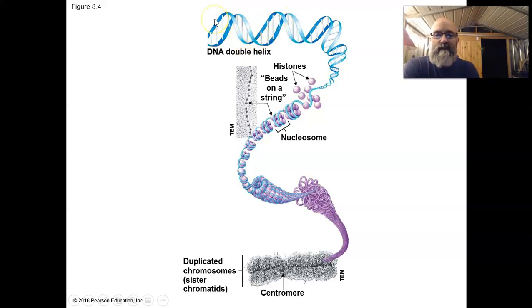Okay, so in the last picture, the uncondensed chromosomes would be in this form at the top, right? At the bottom would be those really tightly condensed chromosomes that we saw in that middle cell, okay?